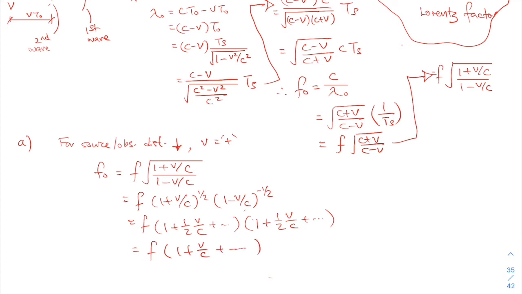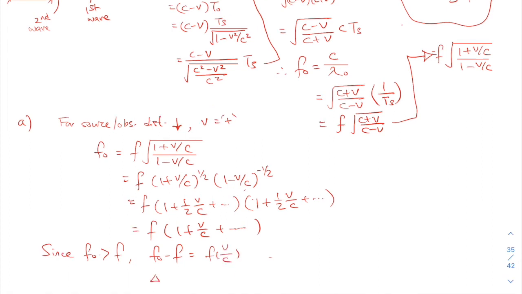So this expression gives me the observed frequency, and since this observed frequency is larger than f, I take f minus f naught is equal to fv over c, and therefore the change in frequency is f times v over c. So this is one expression for when the source and the observer distance decreases.